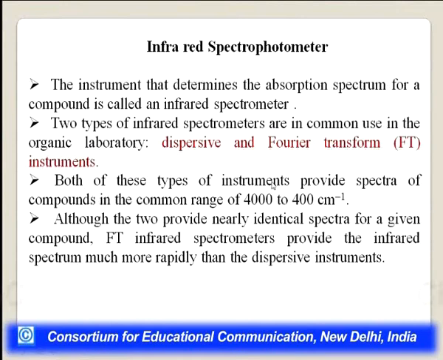Both of these types of instruments provide spectra of compounds in the common range. You should notice this, 4000 to 400 centimeter inverse. Although the two provide nearly identical spectra for a given compound, then what is the difference between these two? Dispersive and Fourier Transform. The FT infrared spectrophotometer provides the IR spectrum much more rapidly than the dispersive instrument.